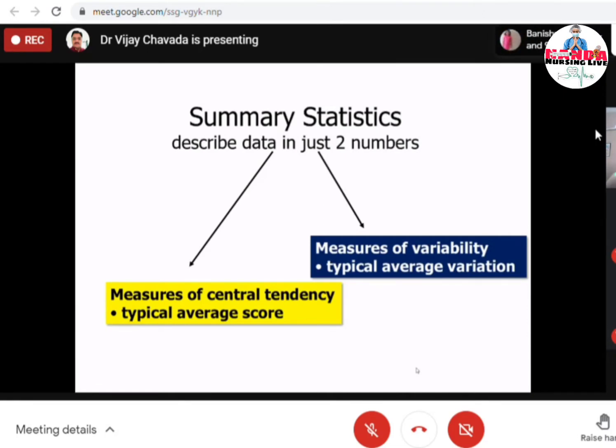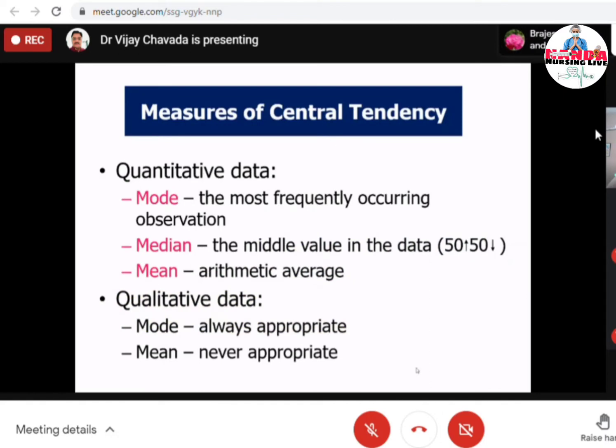Now statistics describes the data in just two numbers. One number is the measure of central tendency, meaning the typical average score, and the other is variability, the typical average variation. For quantitative data, we have mean, median, and mode.